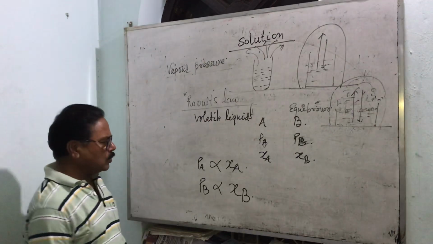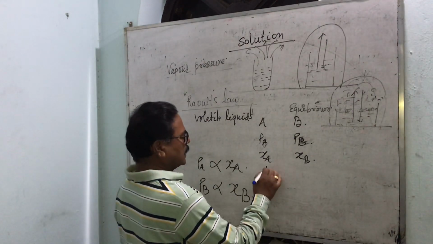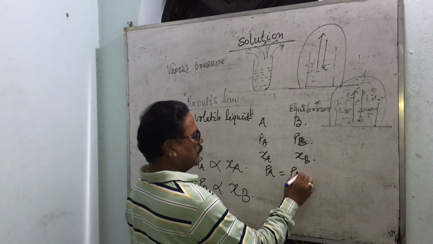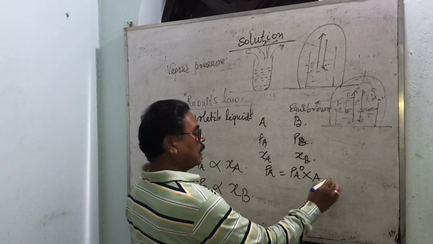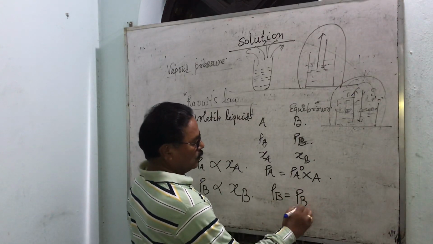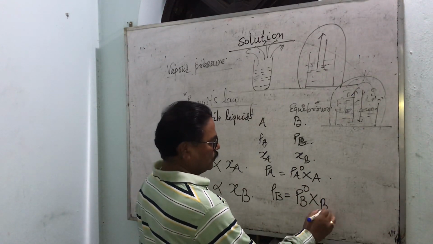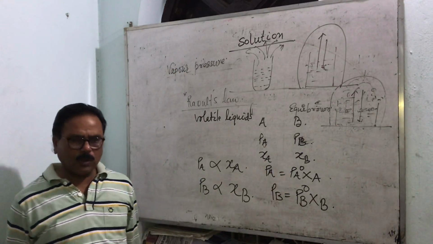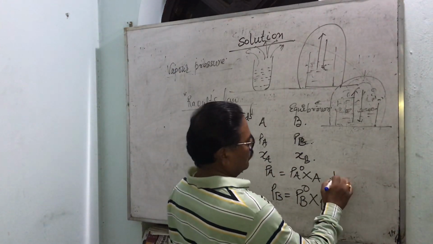This proportionality constant can be replaced by a constant PA naught for A, and another term is PB naught. So PA is equal to PA naught into XA, and PB is equal to PB naught into XB. What are PA naught and PB naught? These two terms are very important.